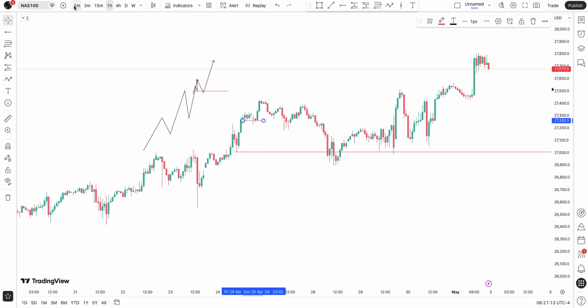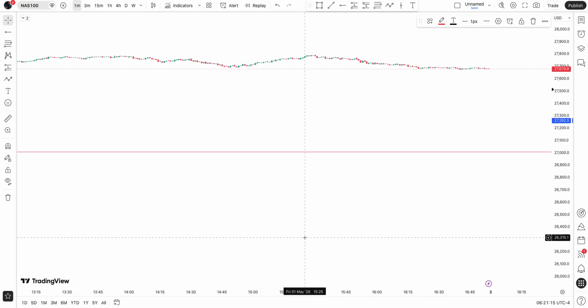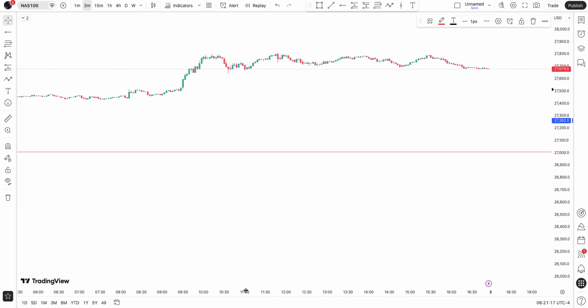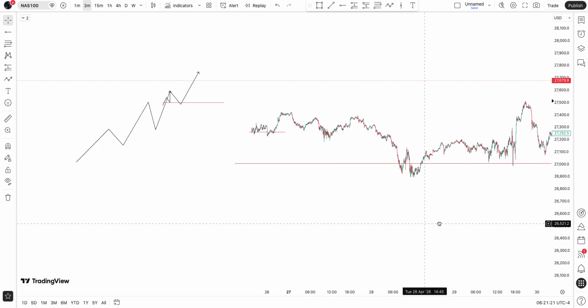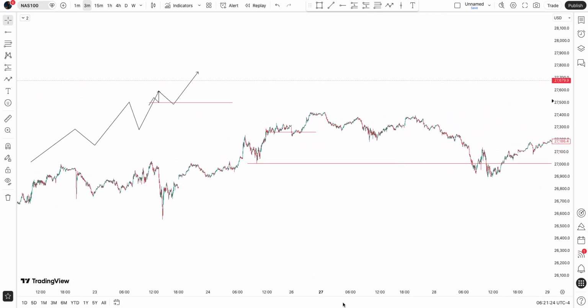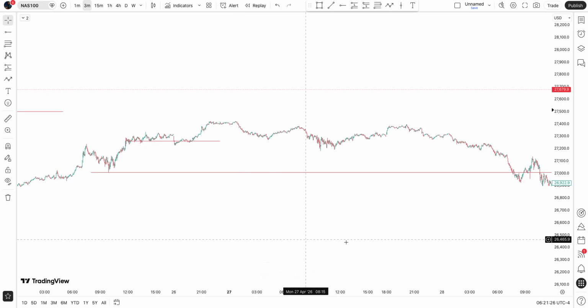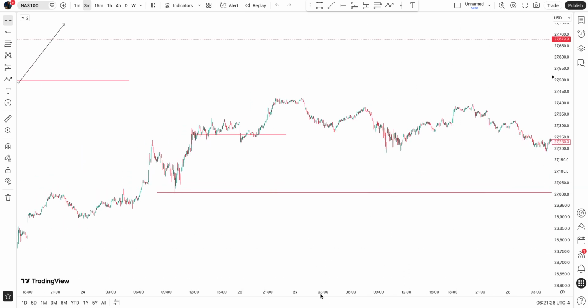You can use any lower time frame that you want. Let's go on 3 minutes. Once you're on your 3 minutes, you're looking for a displacement.